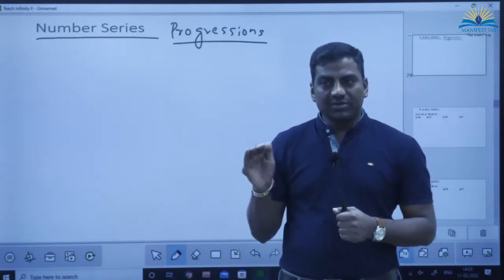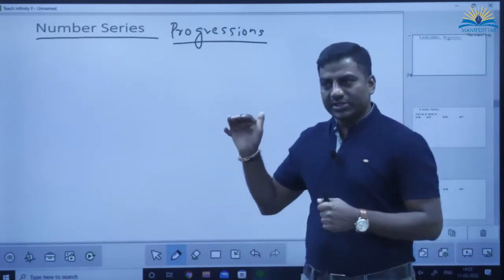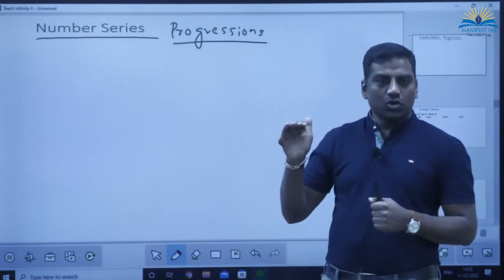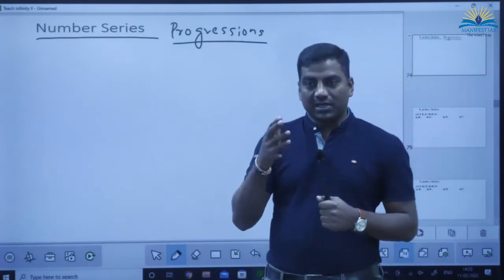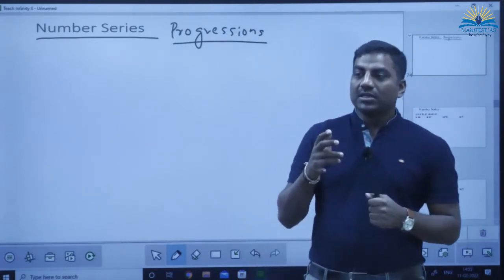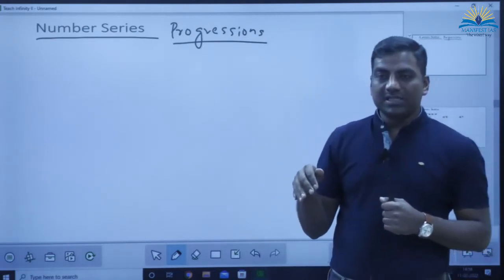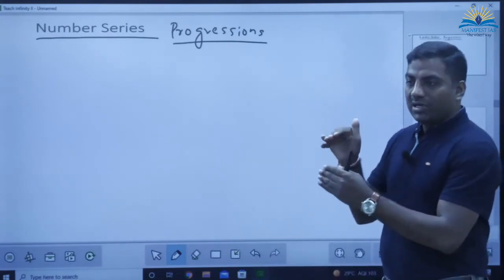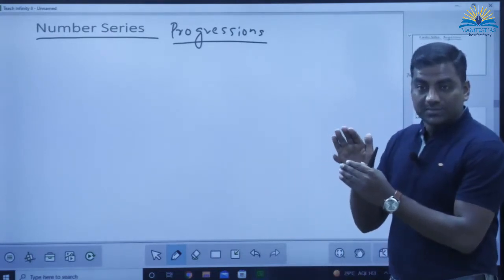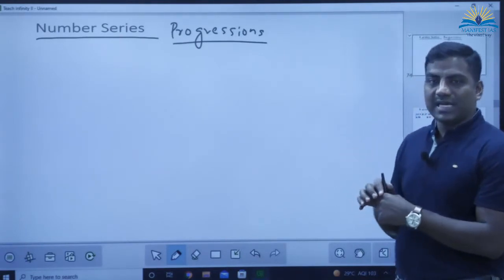And progression, though it is a positive connotation, progress, positive connotation, but when it comes to the mathematical operations, there can be negative progressions also. Negative progressions in the sense that it is not necessary that the second one is better than the first one, or the second one is bigger than the first one. Even negative things can happen.